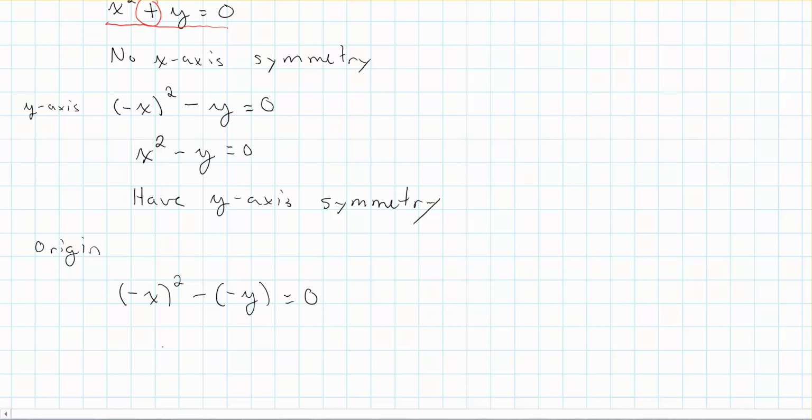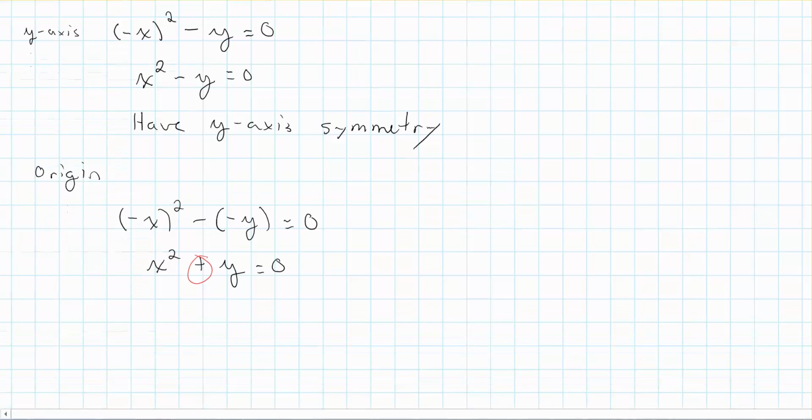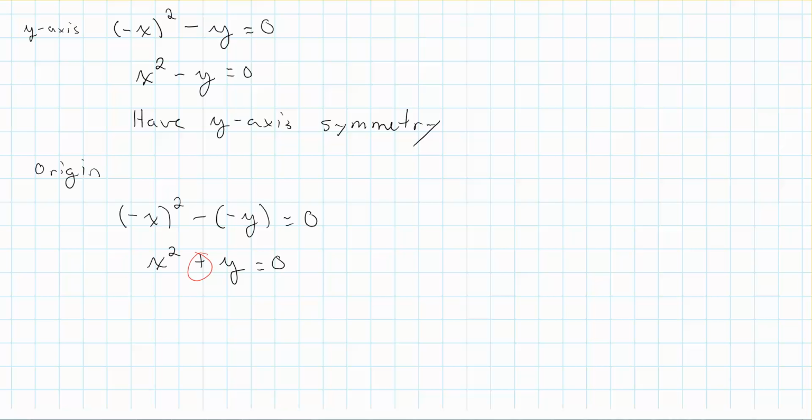And then if we simplify this, we have x squared plus y equals 0, which has the same problem as one of our earlier tests: I have a plus here instead of what should be a minus. And so what this means is I have no origin symmetry.